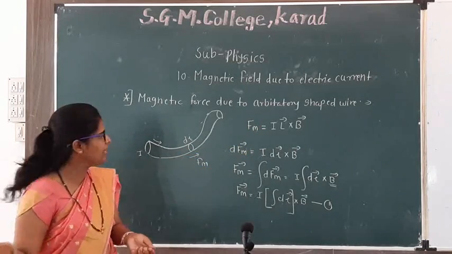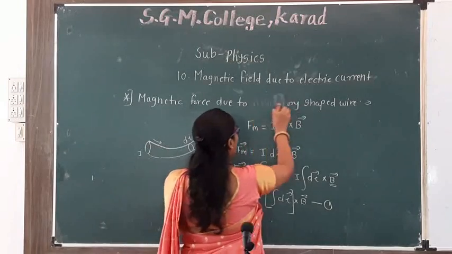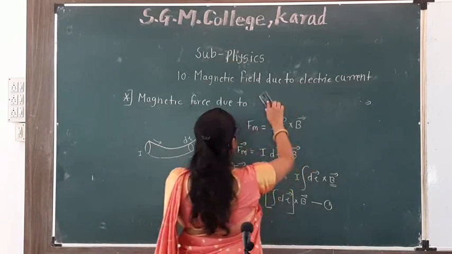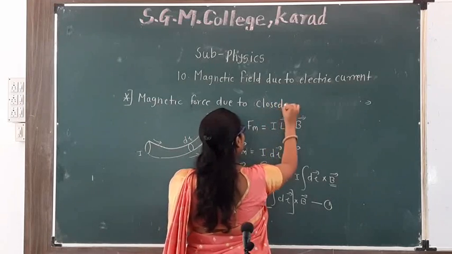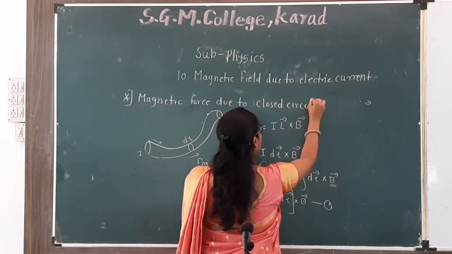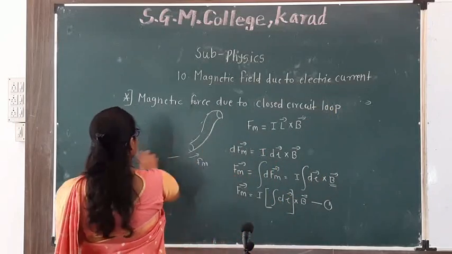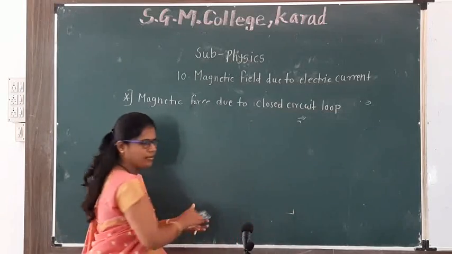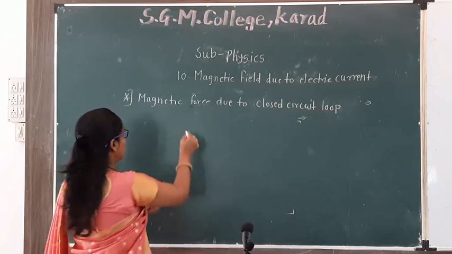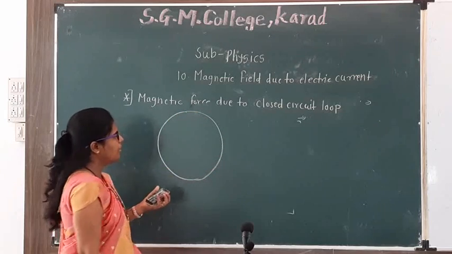Now the next article is the magnetic force due to the closed circuit loop. Consider a closed circuit loop, meaning a circular shape of the wire. Here, like this.